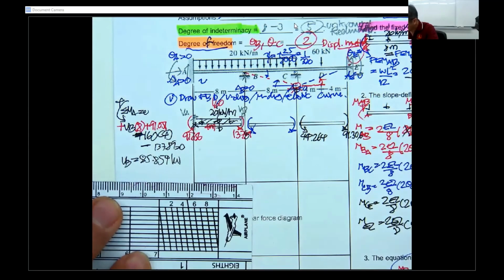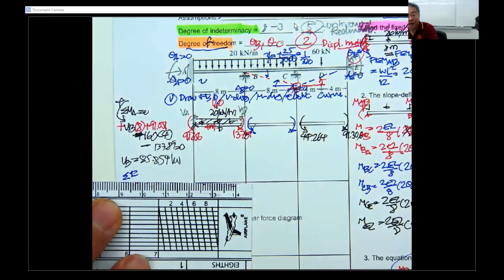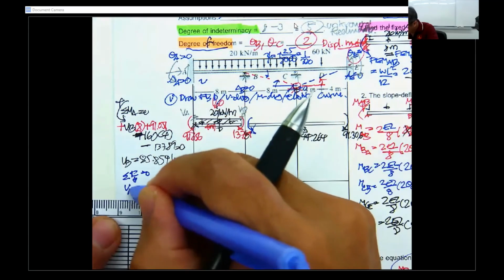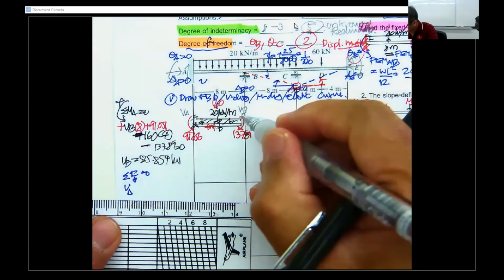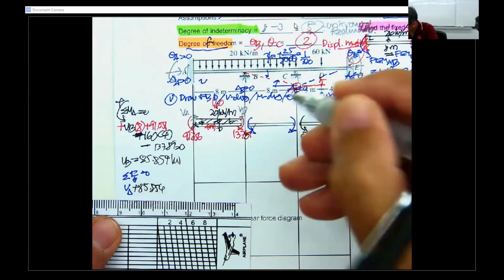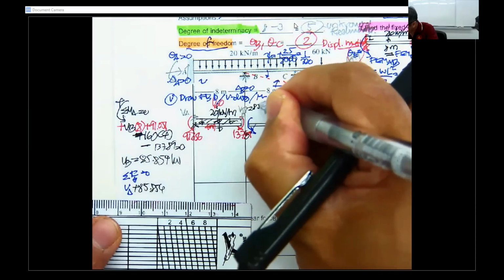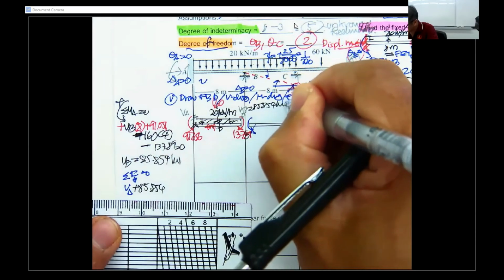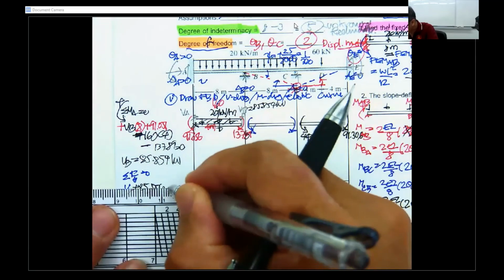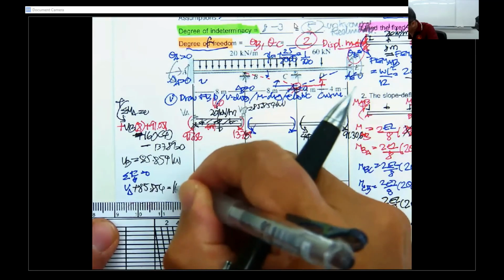85.854 kilonewton. And then you have the summation of F sub Y equal to 0. You have V sub A and V sub B, plus 85.854 kilonewton, equal to 160.